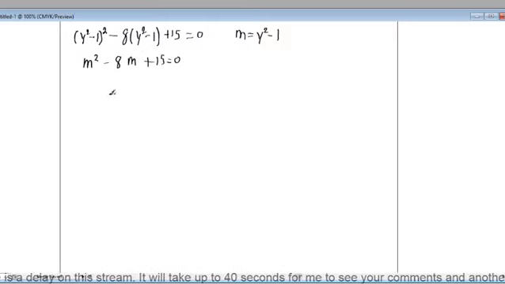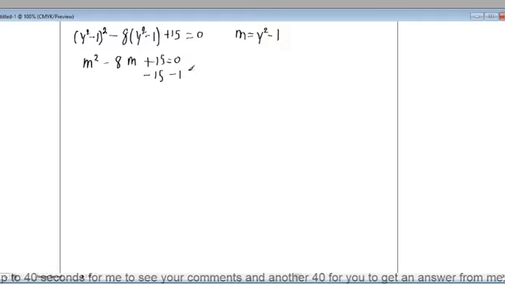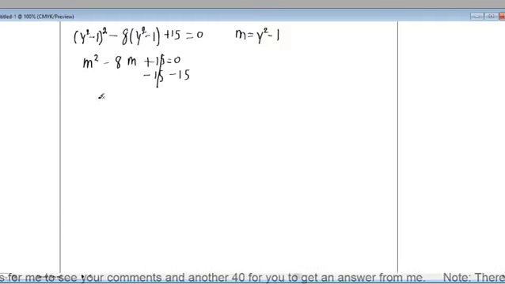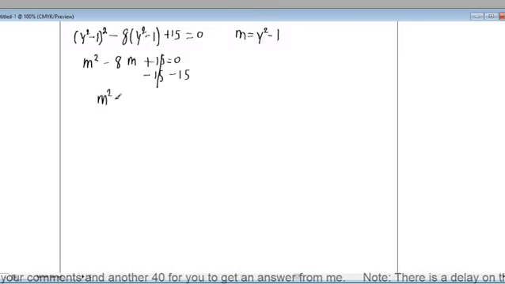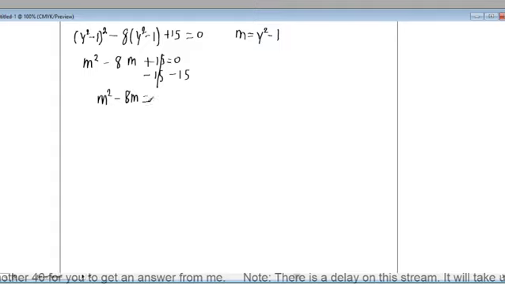Now we want to get our variables by themselves on one side, so we need to get rid of this 15. So subtract 15. Subtract 15. That'll cancel here, leaving us with just the m's, which is what we want. So m squared minus 8m equals negative 15.